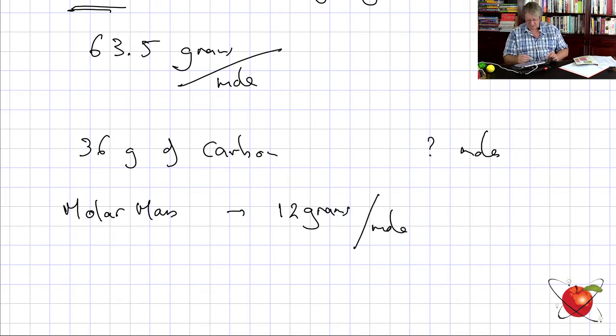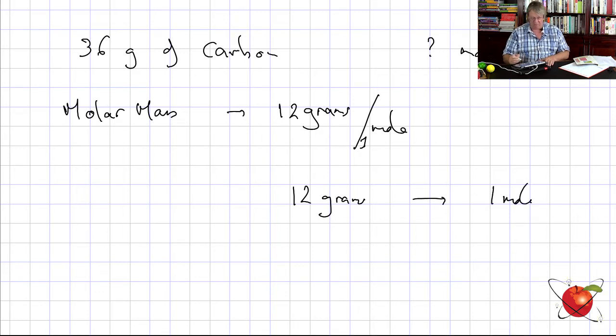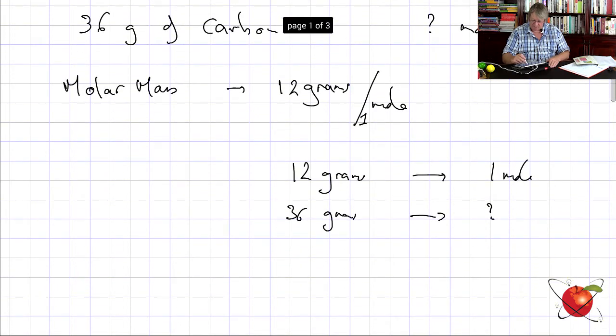This is one way of doing it. 12 grams is 1 mole, 12 grams per 1 mole, because if I weigh out 12 grams, I've got 1 mole. So 12 grams is 1 mole. Then we put in the table: 36 grams is how many moles? If we don't know what something is, what do we call it? We call it X.